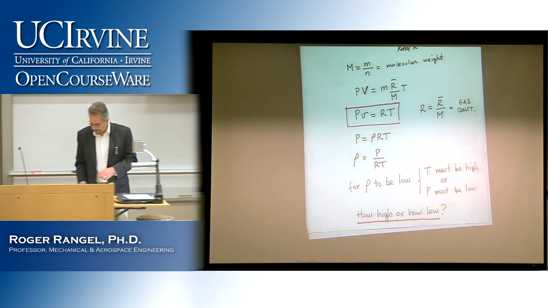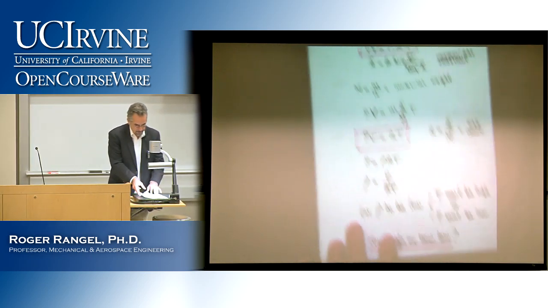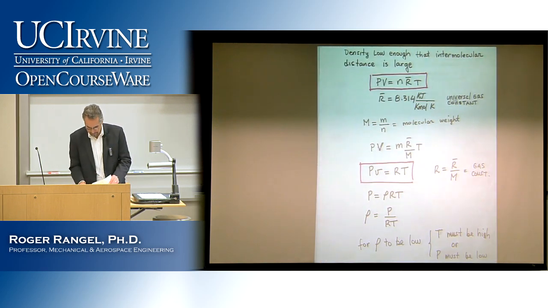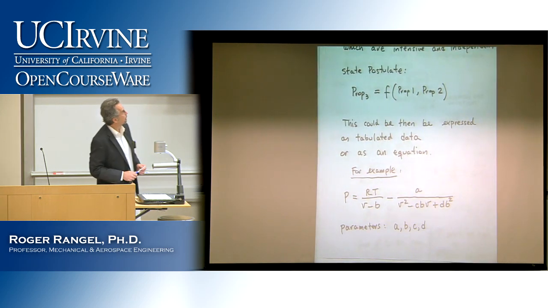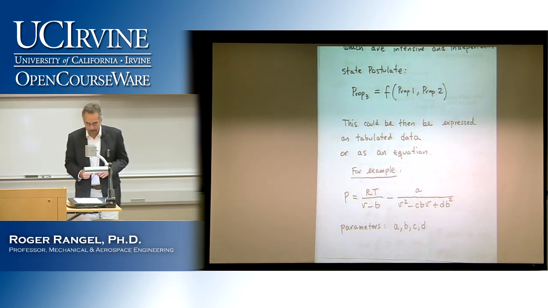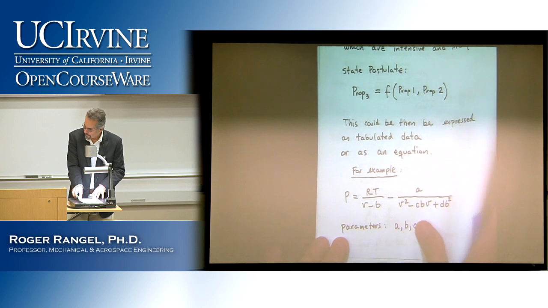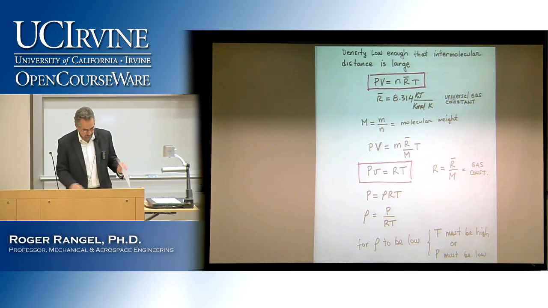So you could go back and try to see if you use a better equation, like the one that we had a while back. Maybe you can get a hold of the parameters A, B, C, and D, right? Or there is another one, which is a modification to the ideal gas law.